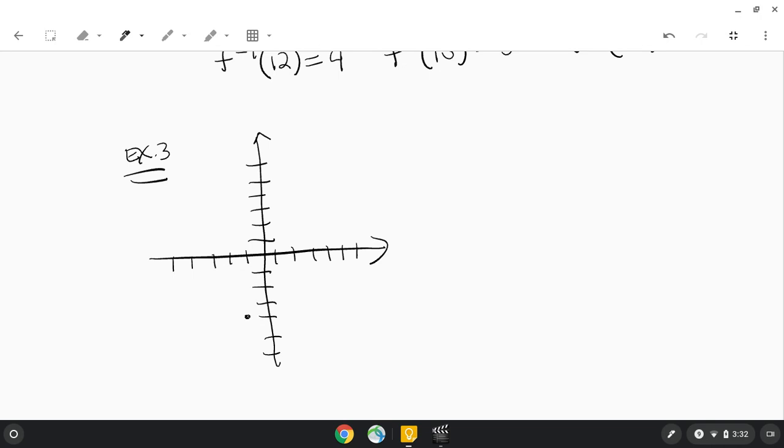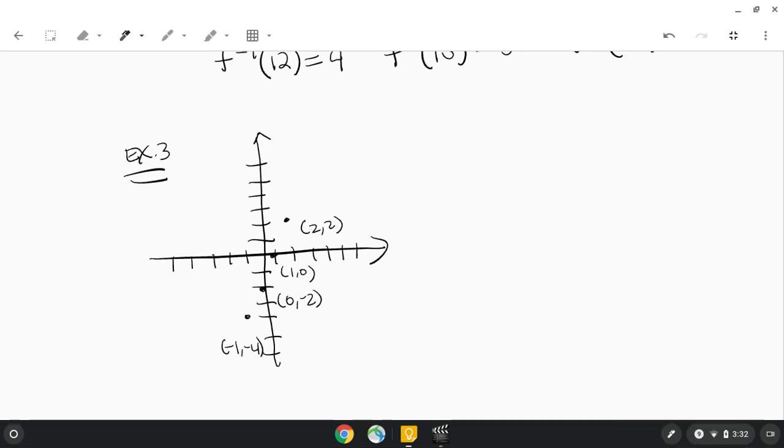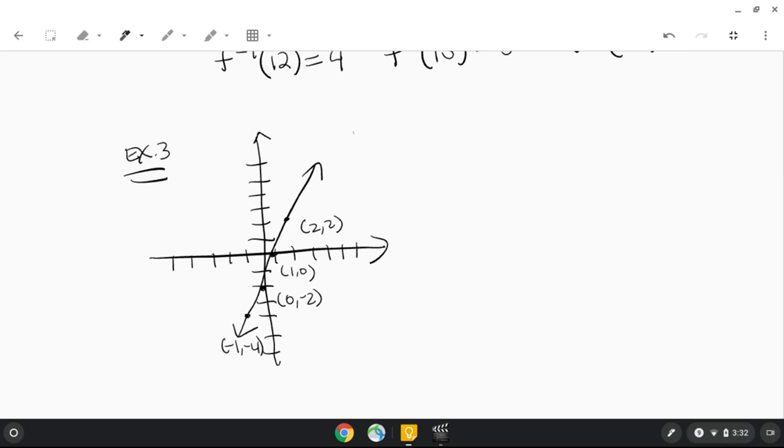Here, I'll write them down: -1, -4; 0, -2; 1, 0; 2, 2. And suppose that I have this line. It's supposed to be a line. Crooked line.